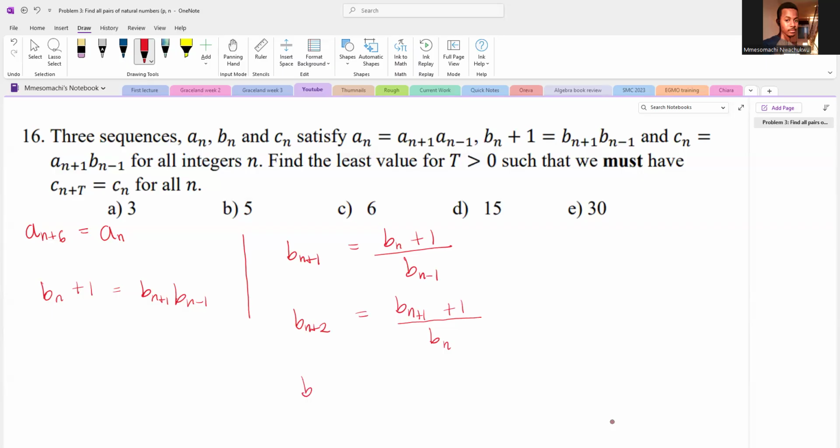You can see b(n+3) is equal to (b(n+2) plus 1) divided by b(n+1). Okay, what can we observe here? Can we observe anything interesting here? Let's see.